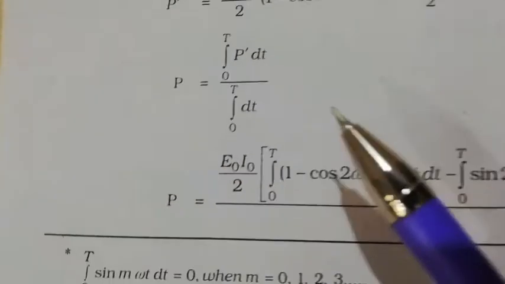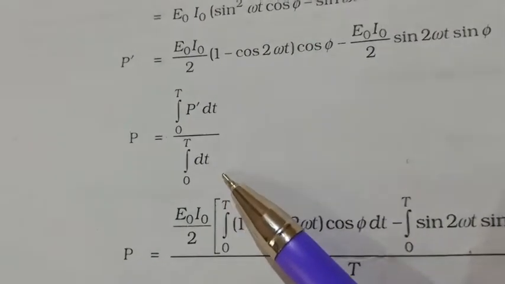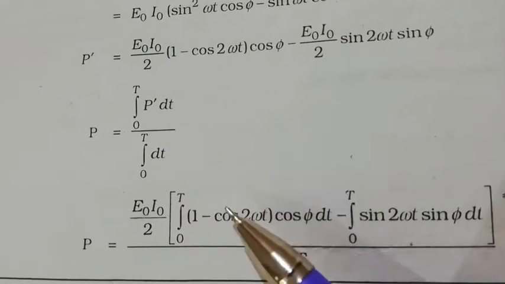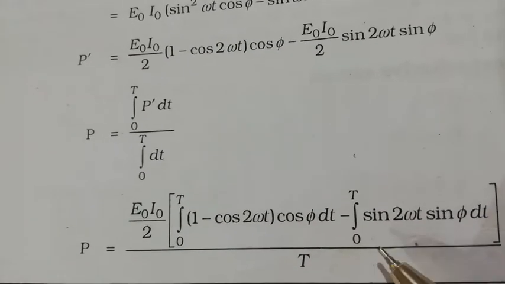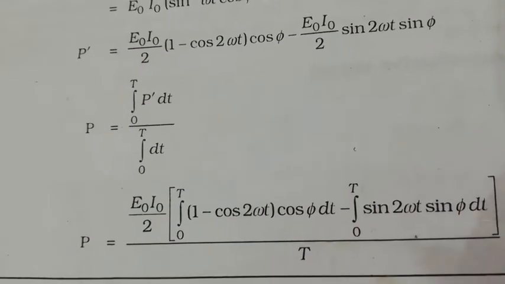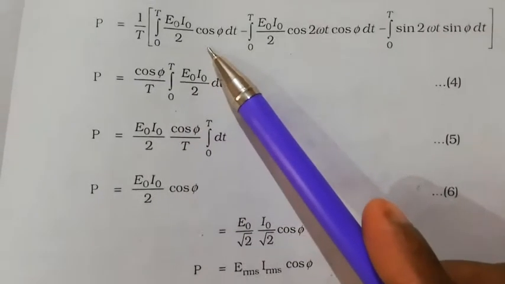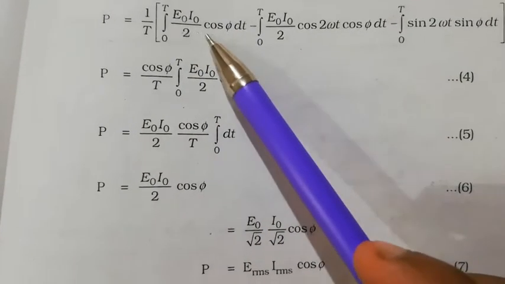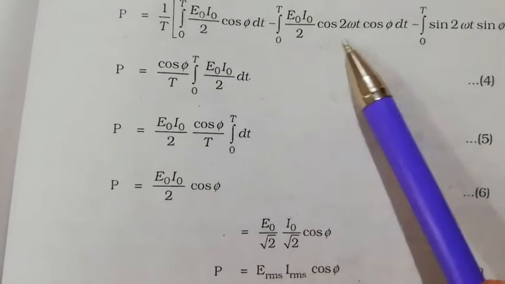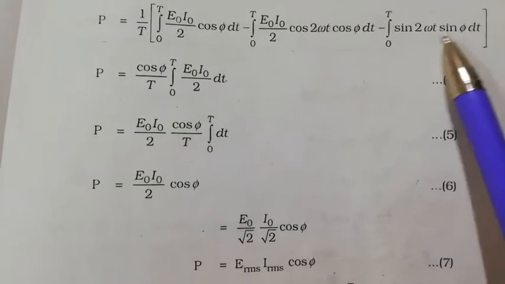And the next is, we have to substitute here, that is integral 0 to t P prime dt divided by integral 0 to t dt. 1 minus cos 2 omega t cos phi dt minus integral sin 2 omega t sin phi dt by t. So, by splitting 1 minus cos 2 omega t into cos phi, we can write it as cos phi dt minus this integral cos 2 omega t cos phi dt minus integral sin 2 omega t sin phi dt.